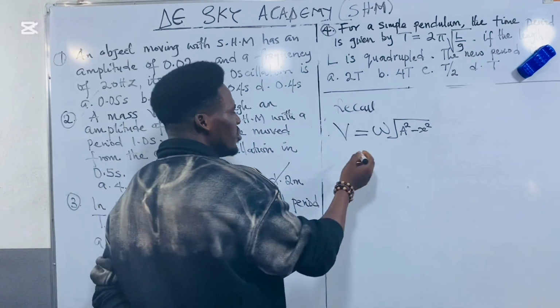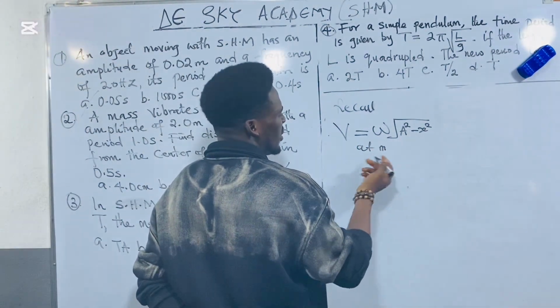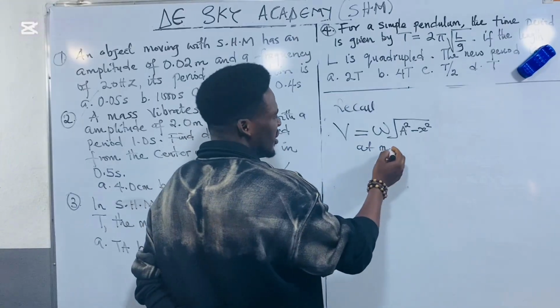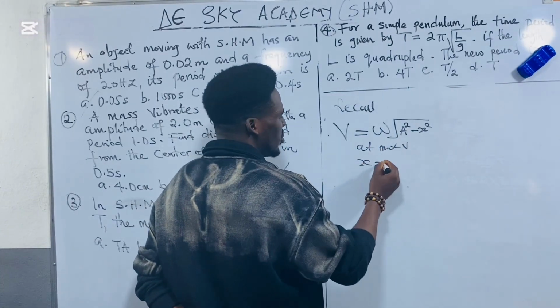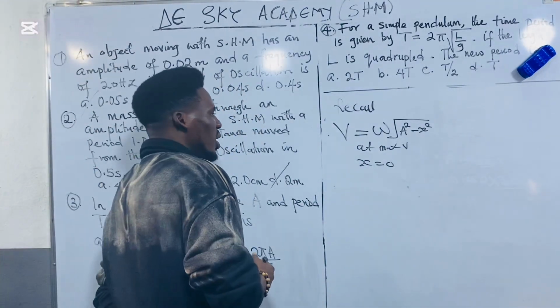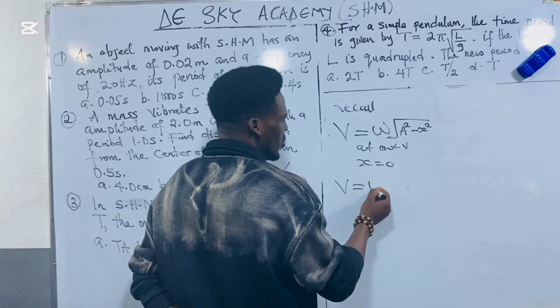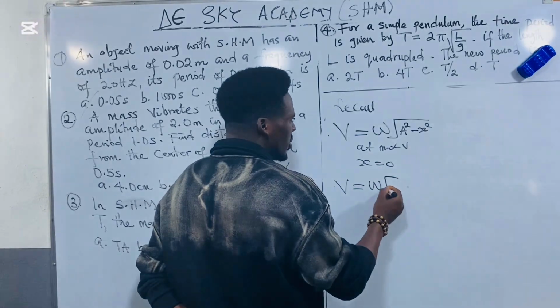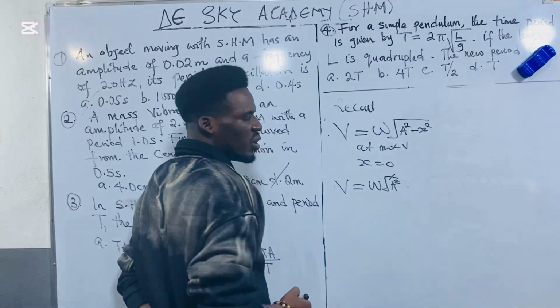So at maximum velocity, remember that x will be equal to 0. So if x is equal to 0, that means V is equal to omega times the square root of A squared, so the square cancels the square root.